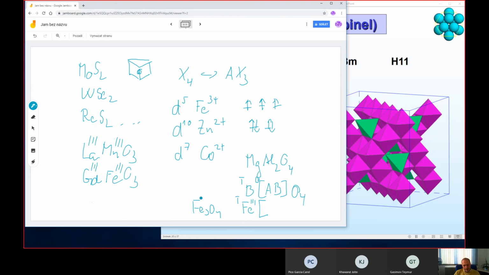So here we must have one Fe2+ and two Fe3+, but here the distribution is that all iron atoms with 3+ occupy the tetrahedral positions, and we have a mixture of 2+ and 3+ in octahedral positions. And this is referred to as inverse spinel.